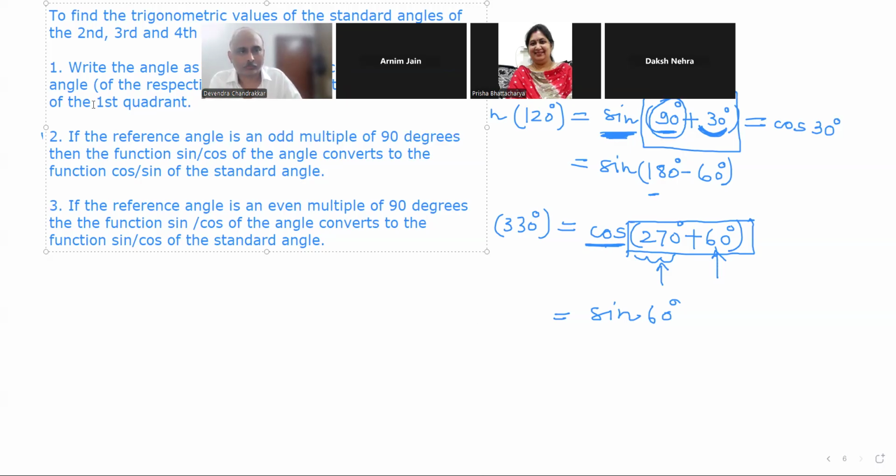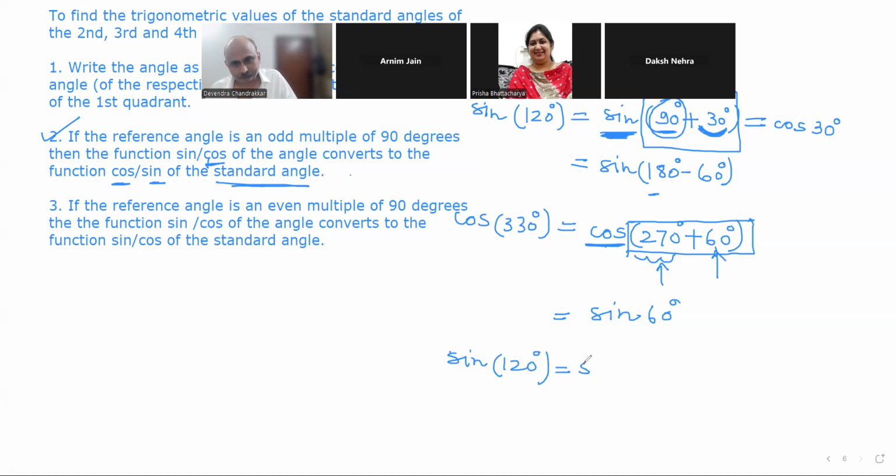So I'll explain this to you. देखो, let's do this sine 120 only. I can write it as sine 180 minus 60. So this is even multiple, yes or no?